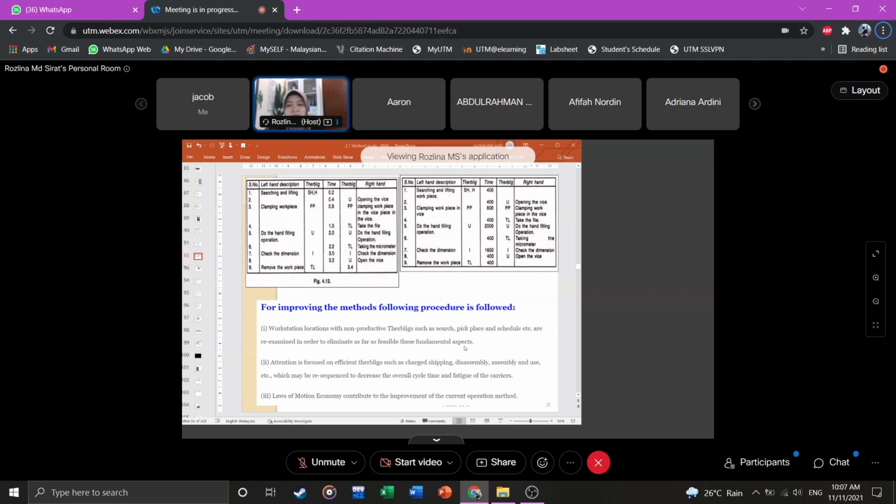Attention is focused on efficient Therbligs such as verbs, like charging or disassembly, all the motions, all the operations. For us, we are familiar with operation, activity. Loss of motion economy contributes to the improvement of the current operation method.